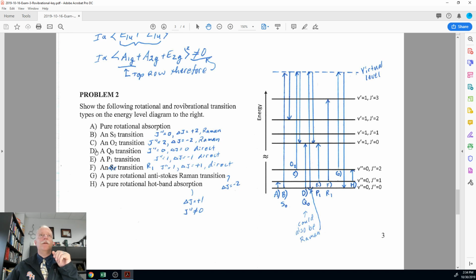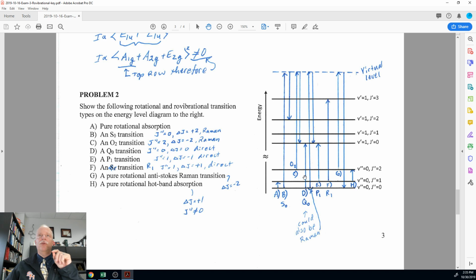Okay, letter D, a Q0 transition. Now, it doesn't say Raman or infrared, so we'll just do a direct absorption Q line. So this subscript 0 tells us J double prime is 0. So we're starting here at J double prime equals 0, and delta J equals 0 because it's a Q transition.